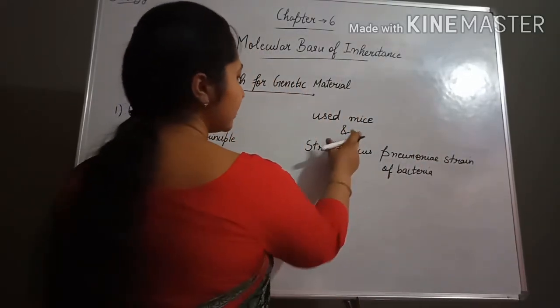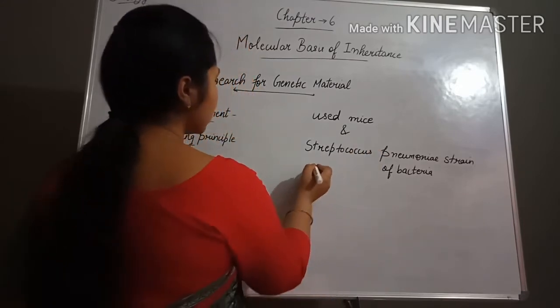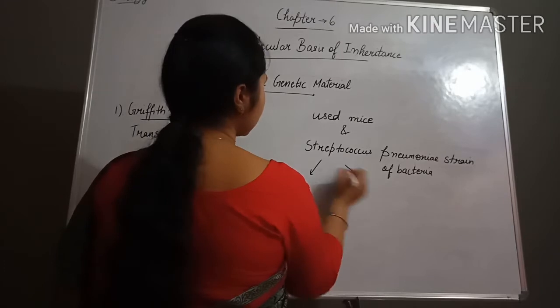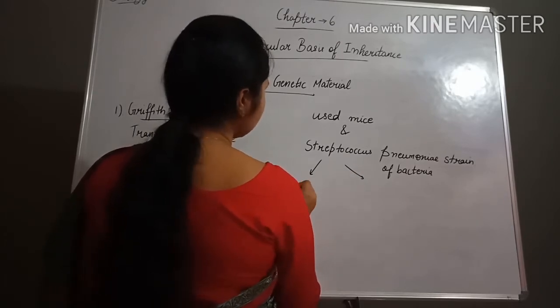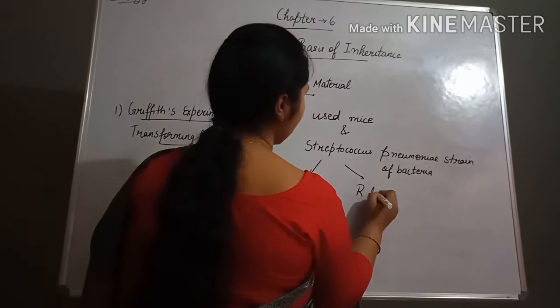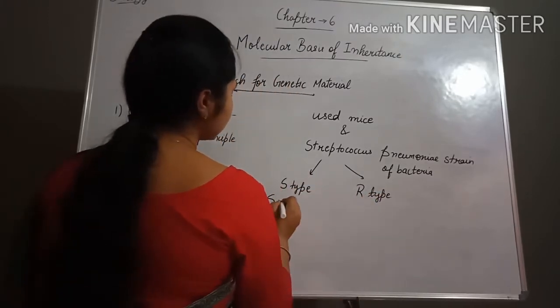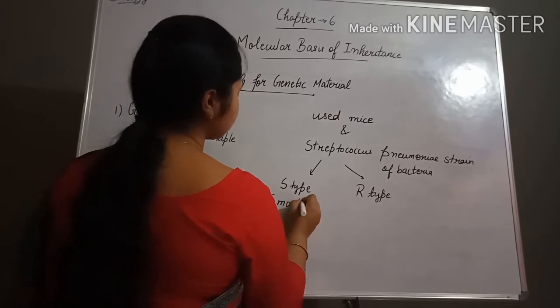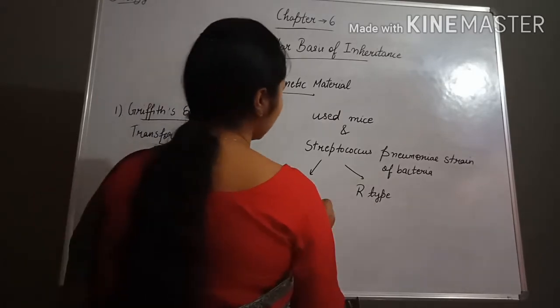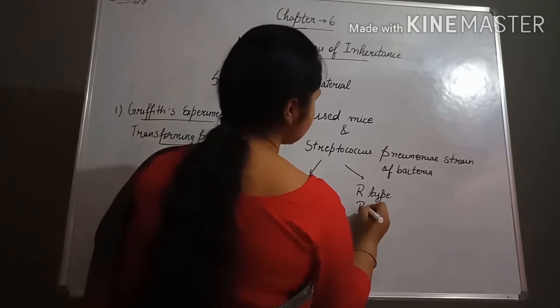There are two strains of this bacteria, the S type and the R type. These are also known as the smooth strain and the rough strain.